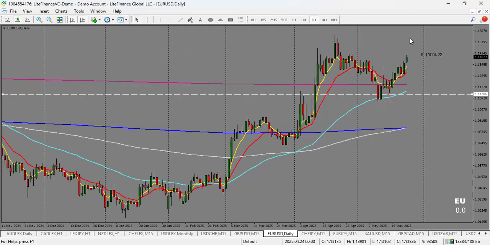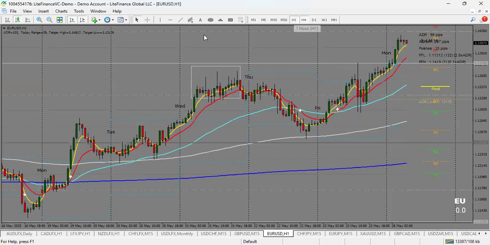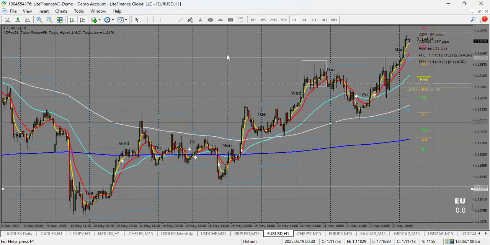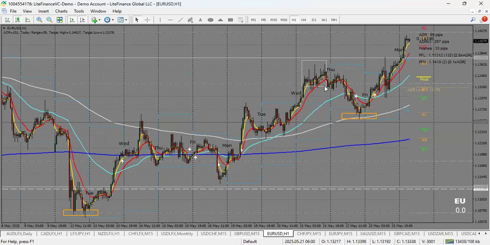So let us go to the market maker cycle and see what it holds. So we had this as a peak, and I think we are having a peak reset at this point here. Okay, so if we measure 3 times ADR, it's around 297. So if you measure, you can see it actually completed last week.